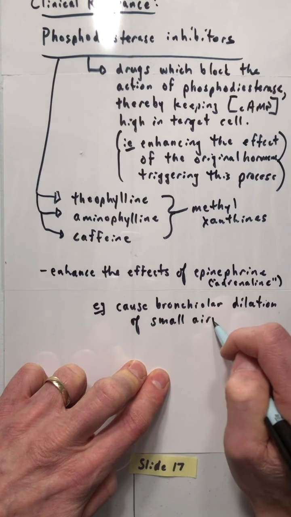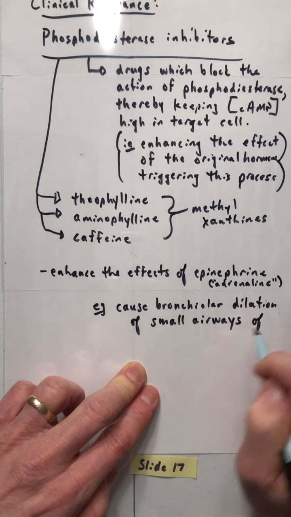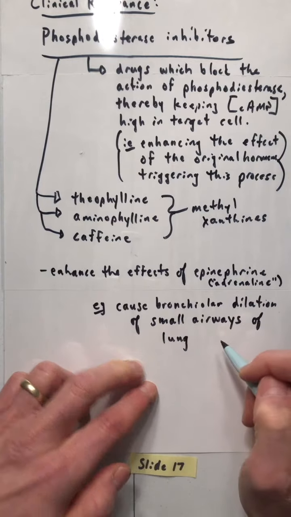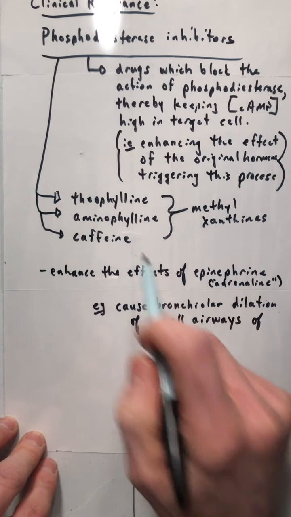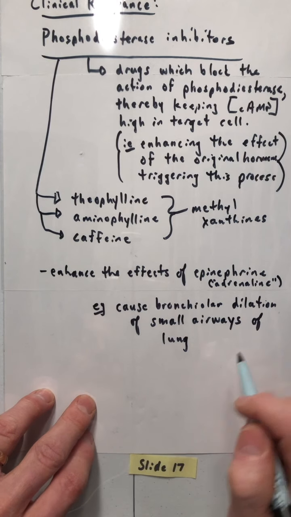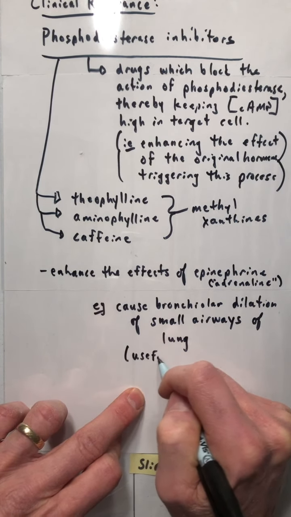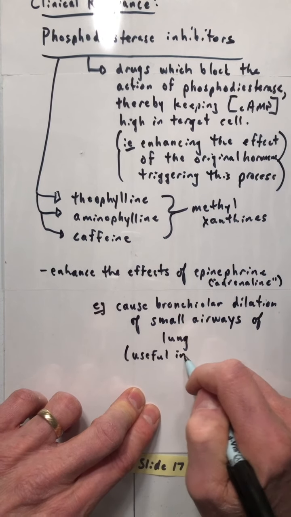So if those small little airways dilate, you can get more air in. So what sort of person might be given a drug called theophylline or aminophylline? Well, how about an asthmatic? So this is useful in the treatment of asthma, to bronchodilate.